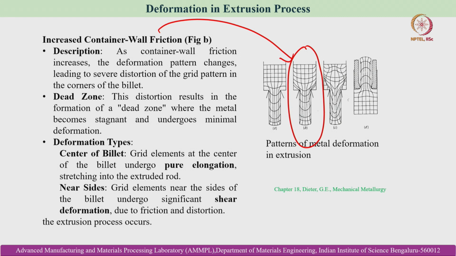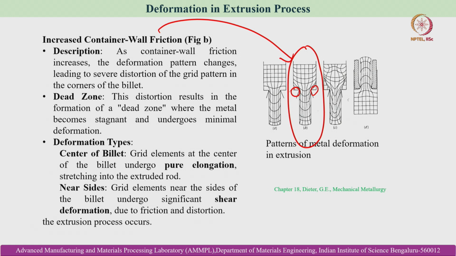So you can see the distortion towards the wall, just beside the entry of the workpiece billet into the die. You can see that it also causes a dead zone formation, which is marked over here with these circles. This distortion results in the formation of a dead zone where the metal becomes stagnant and undergoes minimal deformation.